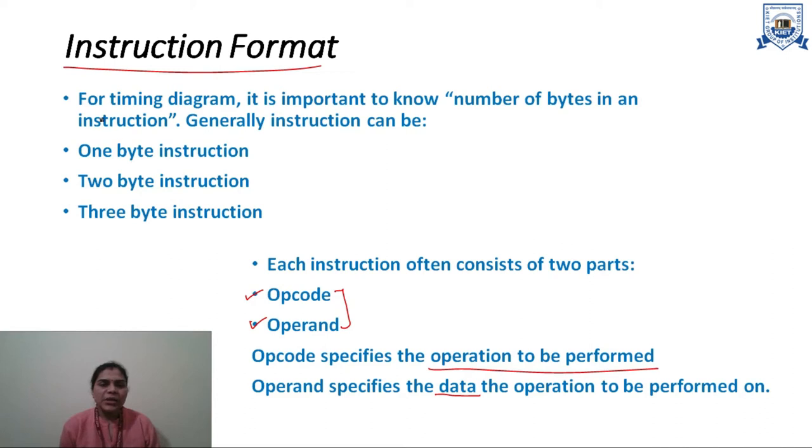And the instruction can be a 1 byte instruction, 2 byte instruction, or 3 byte instruction. If the length of the instruction is 1 byte, then it is a 1 byte instruction. If the length is 2 bytes, it is a 2 byte instruction. If the length is 3 bytes, it is a 3 byte instruction. So for a timing diagram, it is important to know the number of bytes in an instruction.